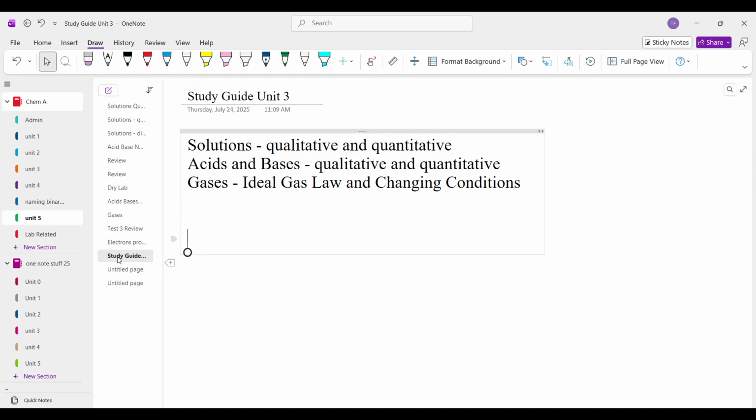Solutions, qualitative: how does a crystal of sodium chloride or sugar dissolve in a liquid solvent? Then quantitatively, you have the relationship of concentration and volume equals moles, and you'll be doing some mixing, how do you make this, etc. Today, again, I'll post a practice test with these three in it.